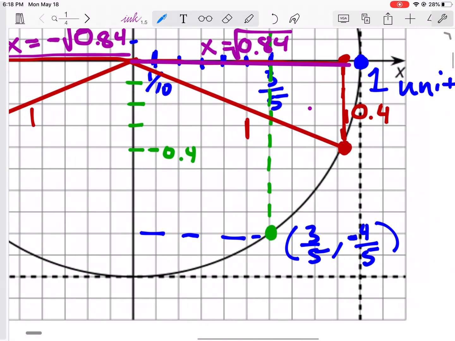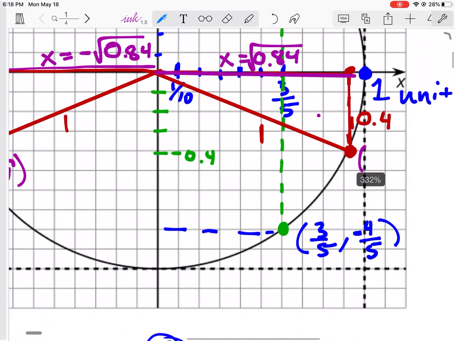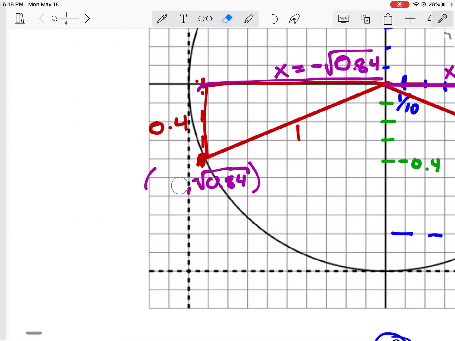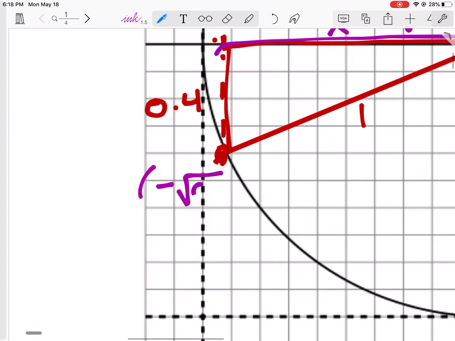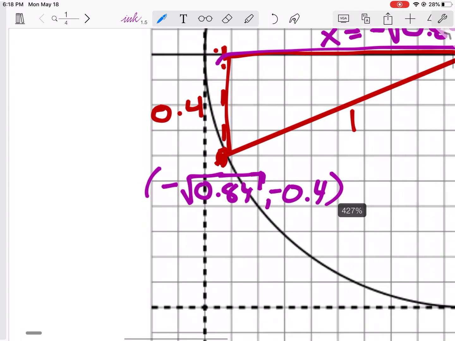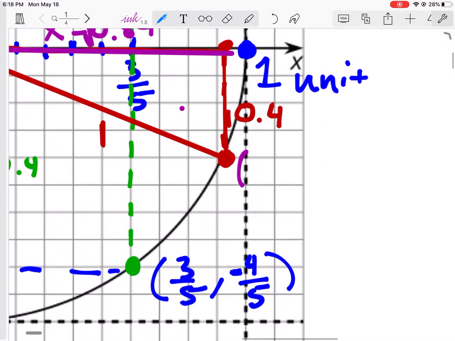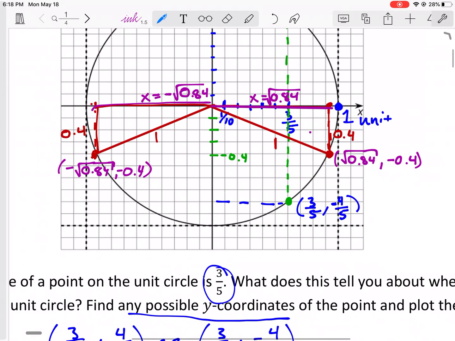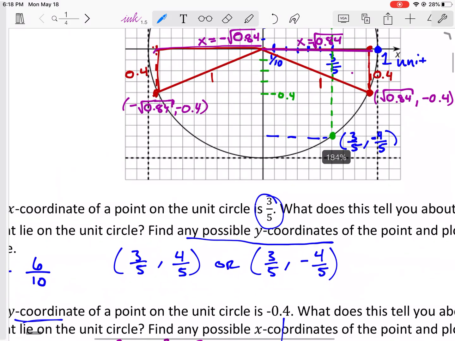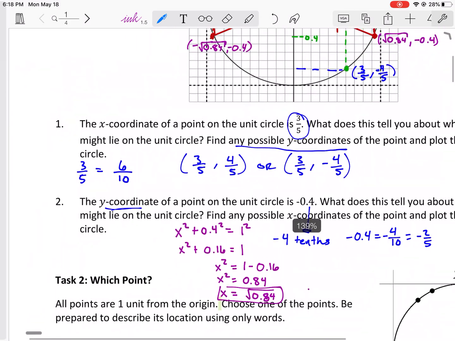I'm sorry, I wrote that backwards. X comma y. Negative square root 0.84 comma 0.4. That's negative because it went down. This is positive square root 0.84 comma negative 0.4. And those are our 2 points.